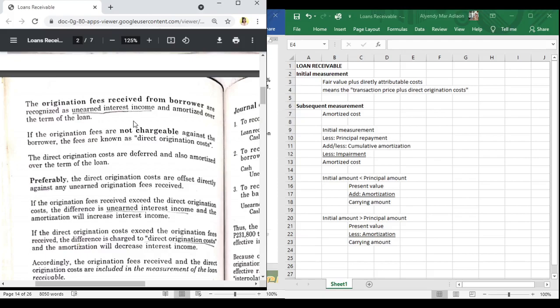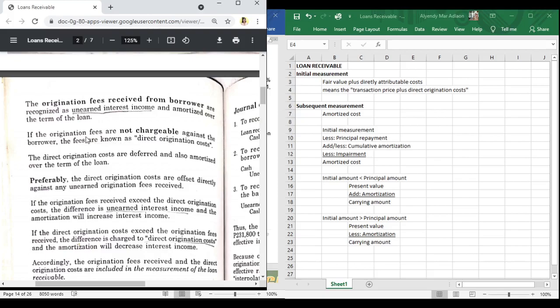So, that origination fee, its treatment is that we have income. So, it should be treated as an earned interest income. Why unearned at first? Because of course, interest income is earned for a lapse of a period. So it is unearned interest income, but of course, it will be amortized over the term of the loan.